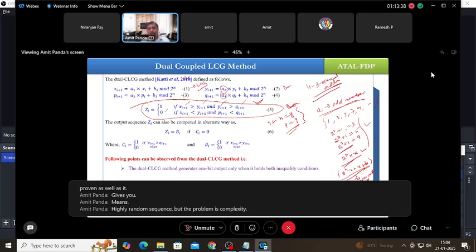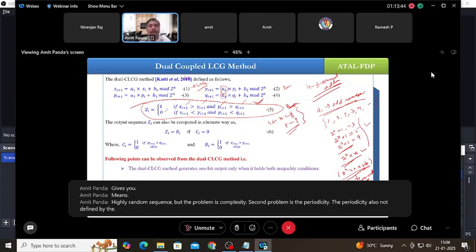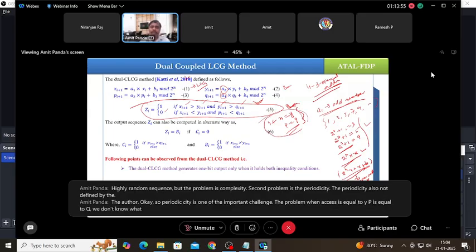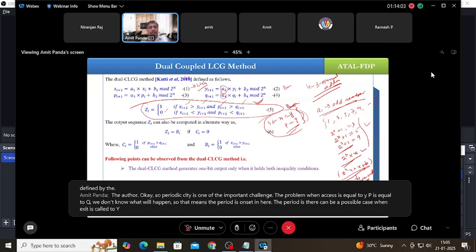The second problem is the periodicity. The periodicity is also not defined by the author. Periodicity is one of the important challenges. When x is equal to y and p is equal to q, we don't know what will happen, so the period is uncertain here. There can be possible cases where x is equal to y and p is equal to q.